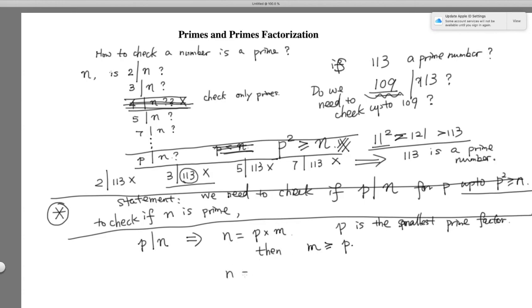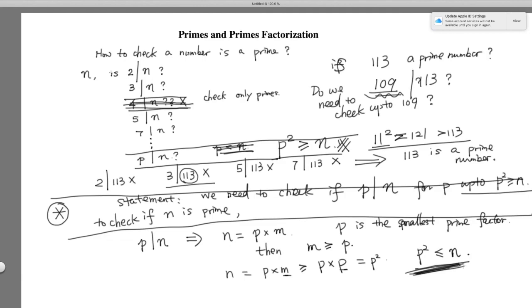So n equals p times m is going to be bigger than or equal to p times p, because m is bigger than or equal to p, so p times m is bigger than or equal to p times p, which equals p squared. So that means p squared is going to be less than or equal to n. That's the proof. So if n is not a prime number, then the smallest prime factor of n has this property: p squared has to be less than or equal to n.